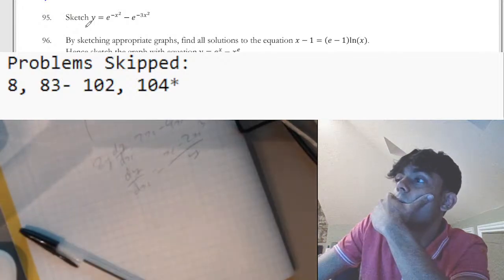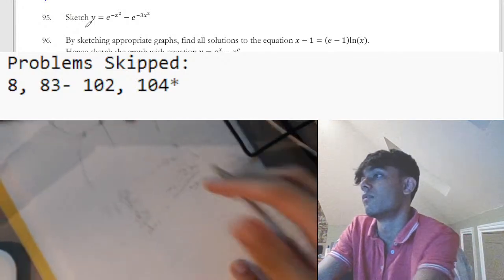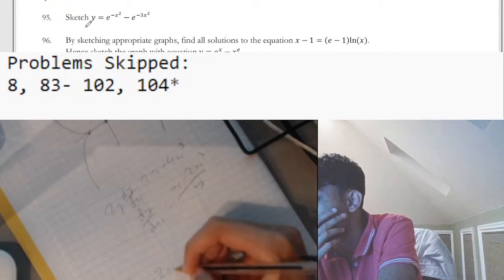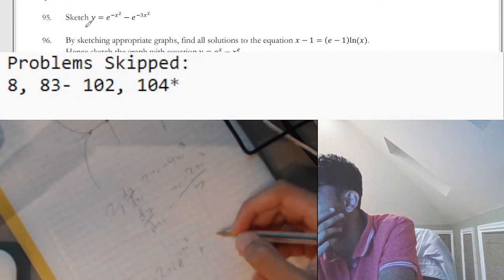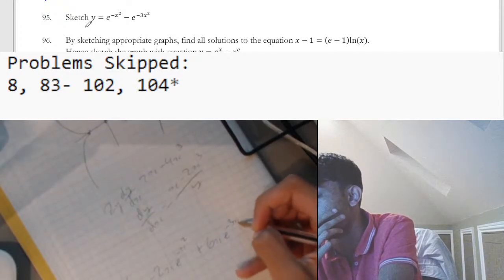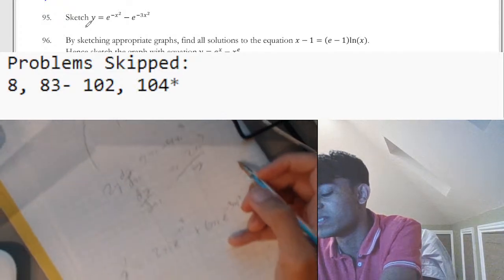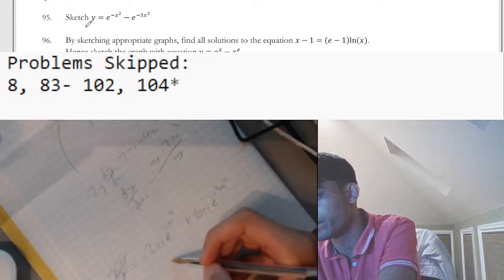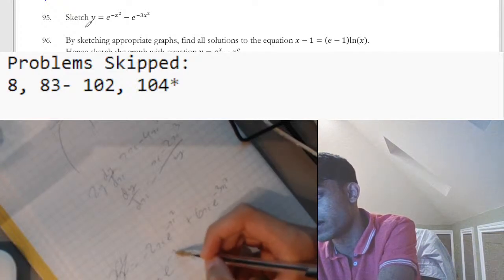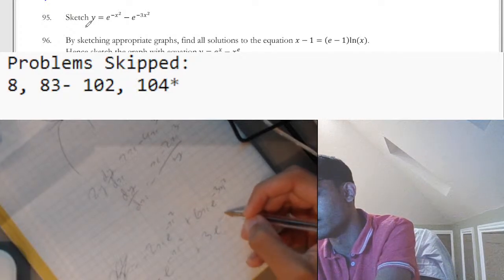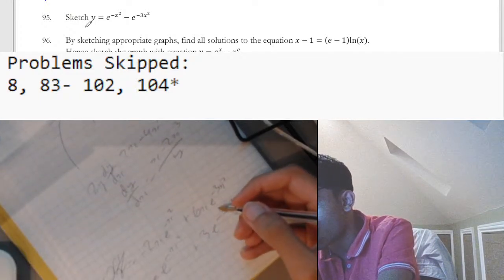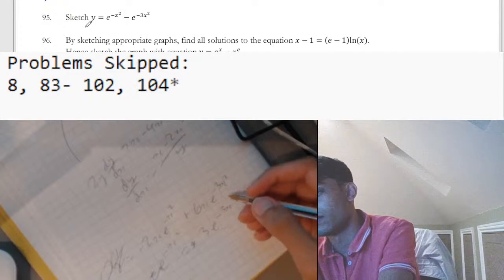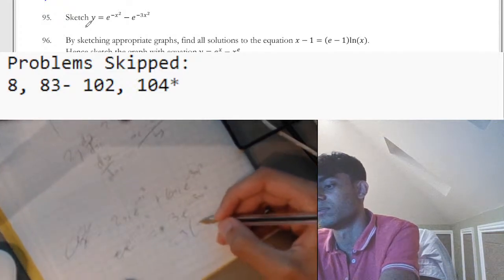Okay, sketch this. Differentiate: minus 2x e to the minus x squared plus 6x e to the minus 3x squared. When is this 0? It's 0 when, dividing by 2x, e to the minus x squared plus 3 e to the minus 3x squared, and these two are equal, and this is this thing cubed.